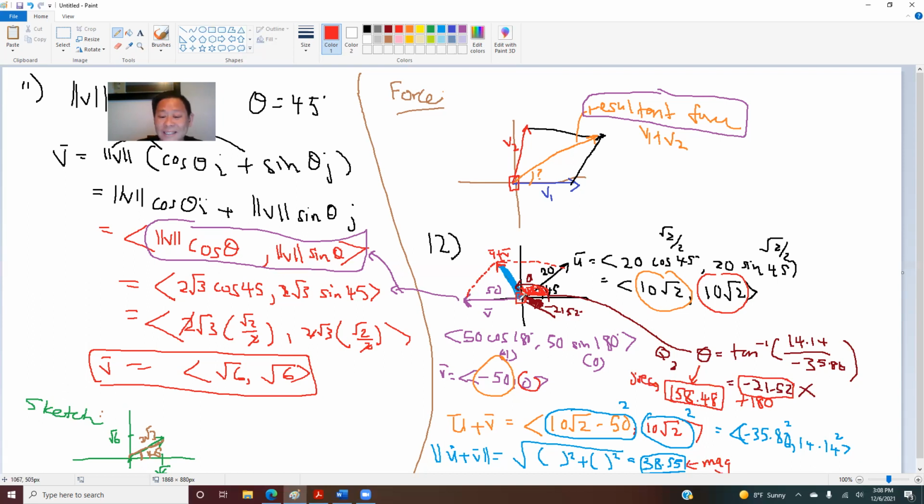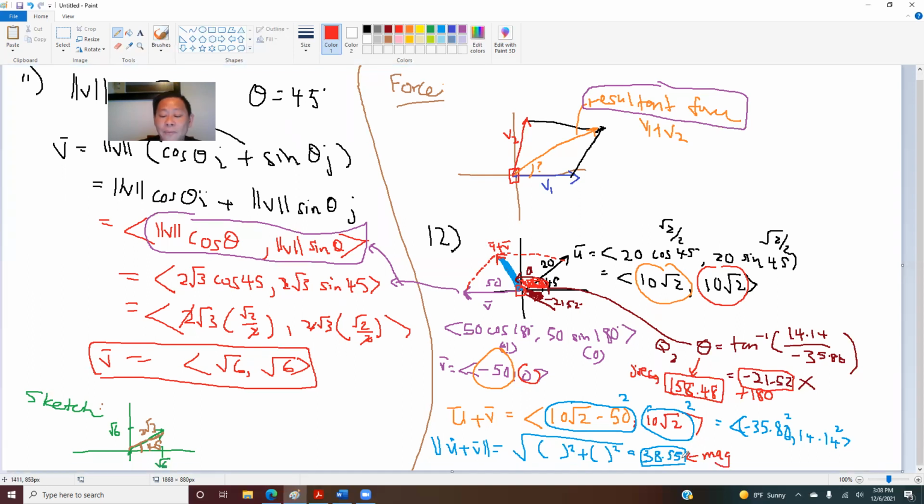So where will this parcel or table or box go? This box will go in this direction, at 158 degrees, and the force has to be around 38.5 pounds. So you cannot move anything heavier than 38.55 pounds, because that is the highest you can get.